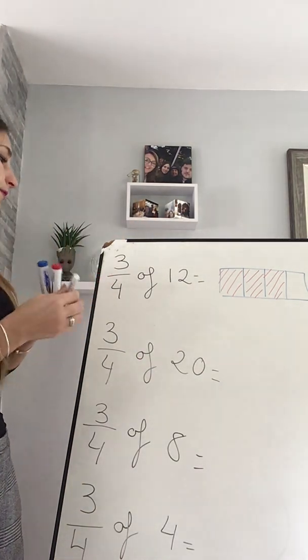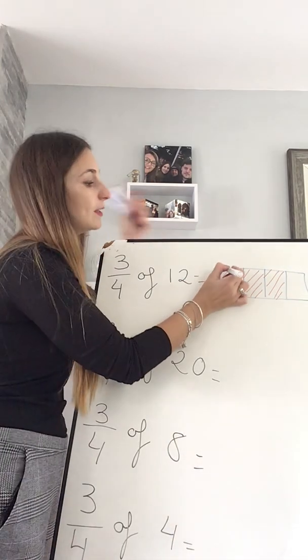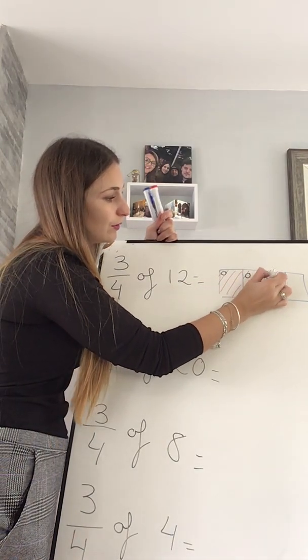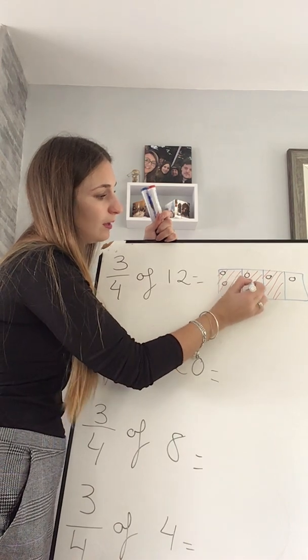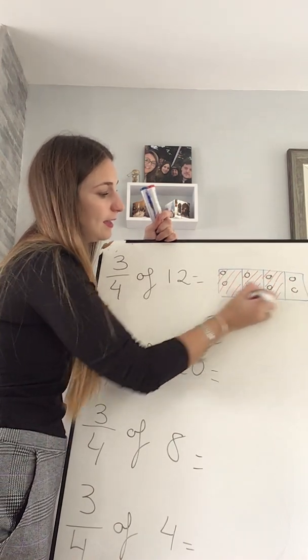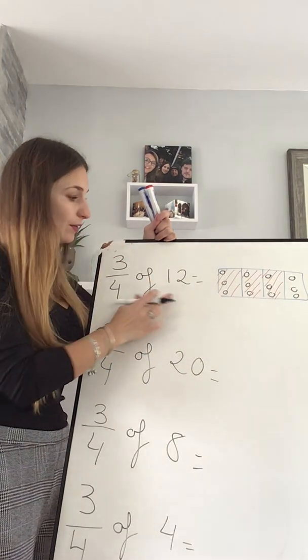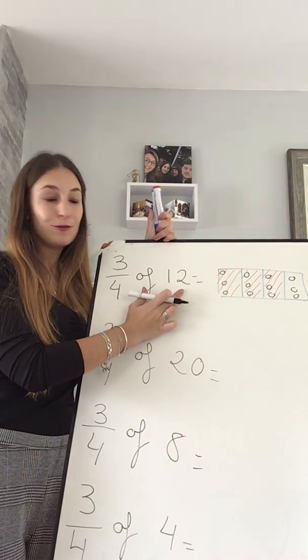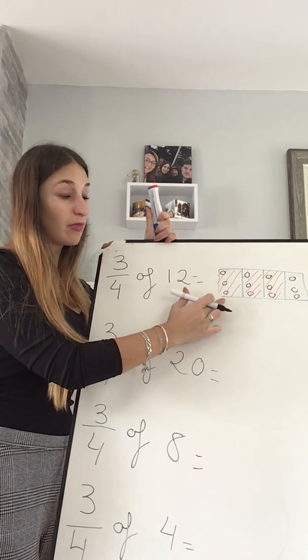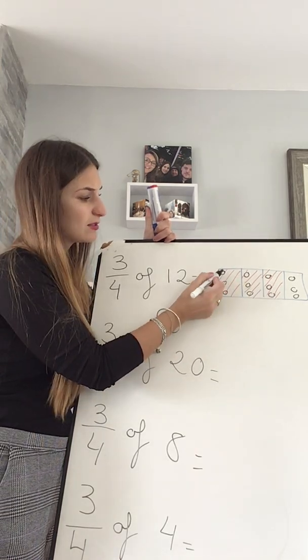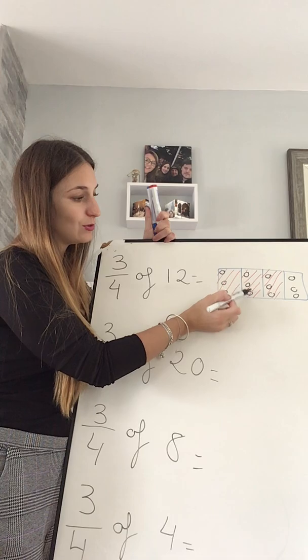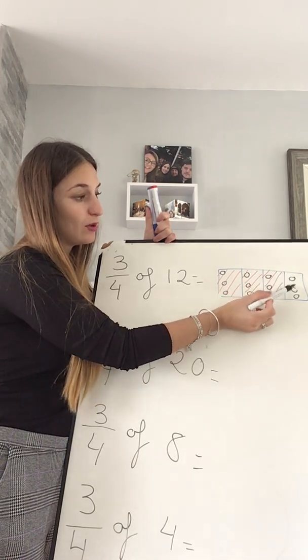So you have 12, let's say it together, count with me. 1, 2, 3, 4, 5, 6, 7, 8, 9, 10, 11, 12. I have my 12 and I have 3 in each equal part. 1, 2, 3, 1, 2, 3, 1, 2, 3, and 1, 2, 3.